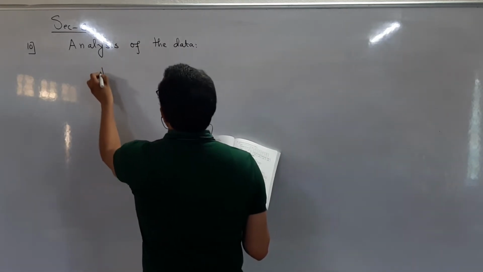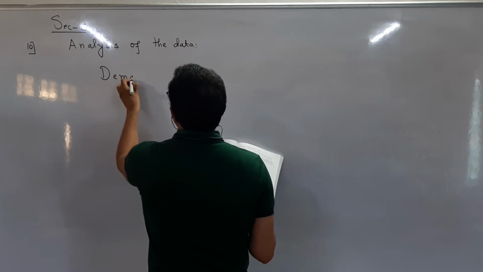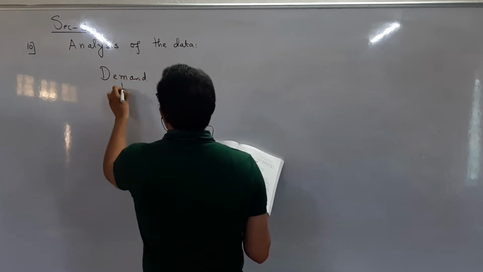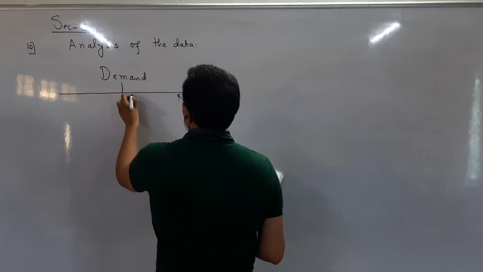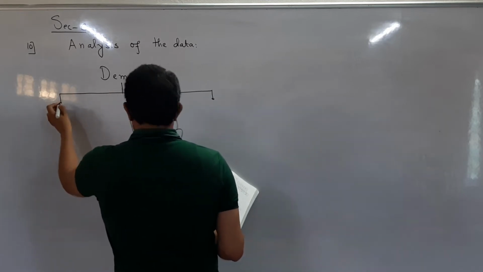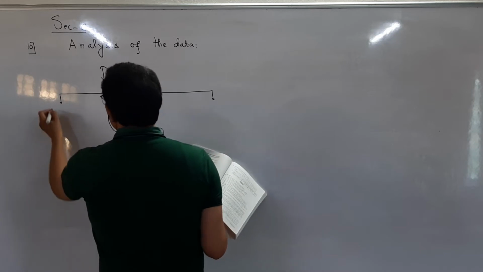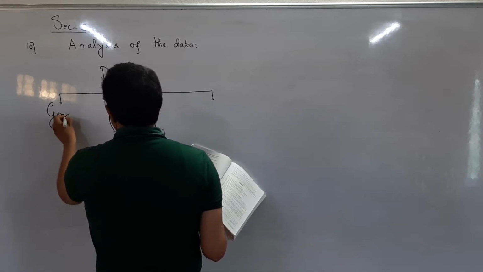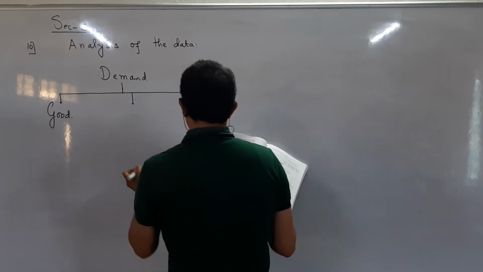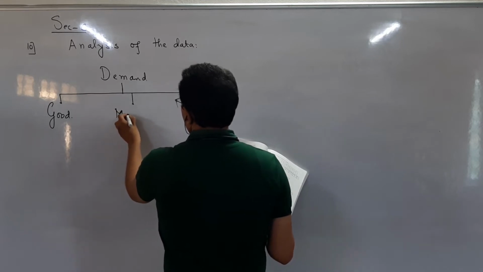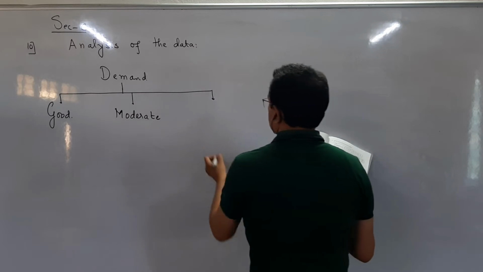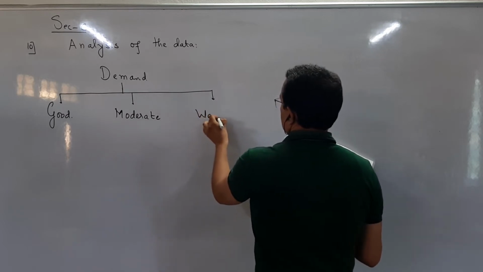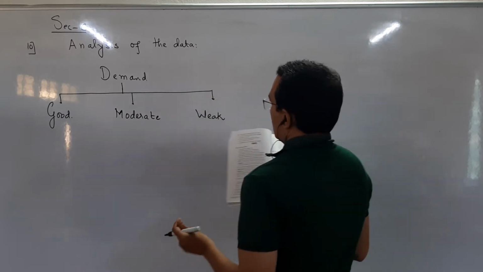Okay, demand, students, is divided into 3 categories. The categories are good, moderate, and weak.